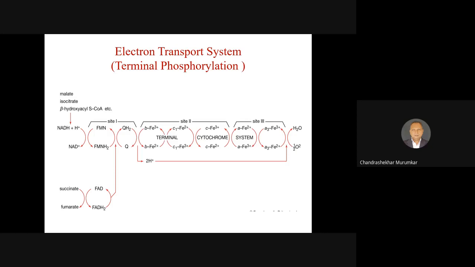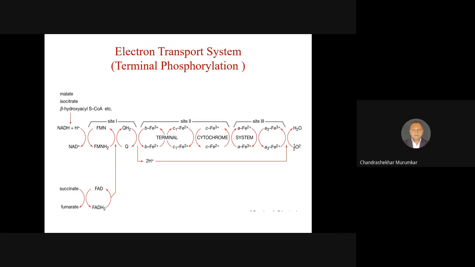Whereas when succinate is undergoing oxidation to fumarate, and FAD is getting reduced to FADH2, then FADH2, when it enters this electron transport system, releases less energy, and because of that, there is a synthesis of only 2 molecules of ATP. And that's why this is a diagrammatic presentation of the cytochrome chain, which is also known as the electron transport system.